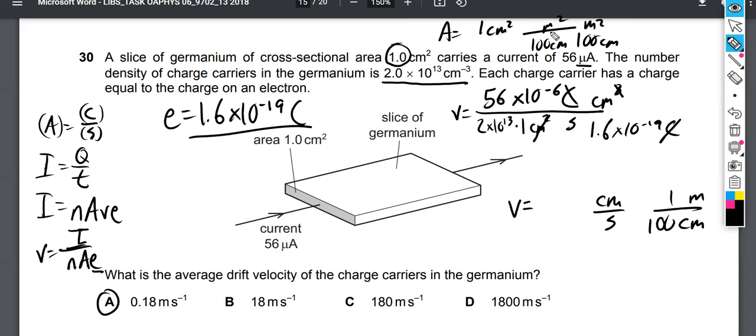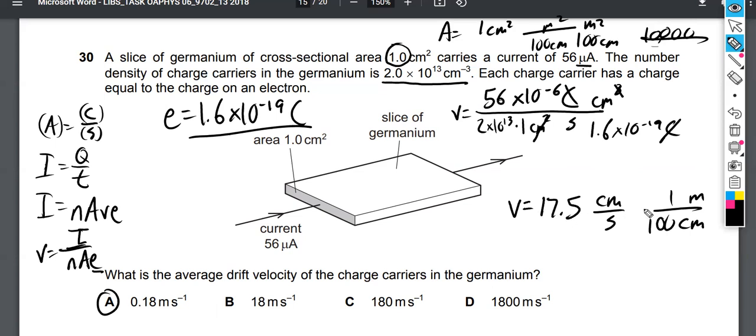So to get meters squared, we're dividing by 100 and then 100 again. We're dividing by 10,000.